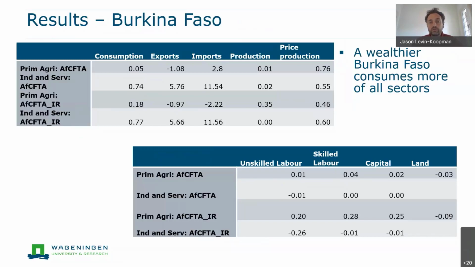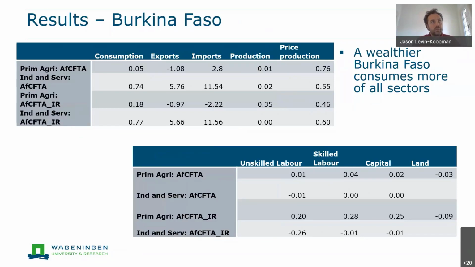The price of production of industry and services increases slightly, and this is because the bottom right table shows that labor and capital are pulled more into agricultural production as a result of an increase in irrigation, and away from industry and services, because land is much more productive under this increase in irrigation scenario, so the demand for land and the use of land decreases.